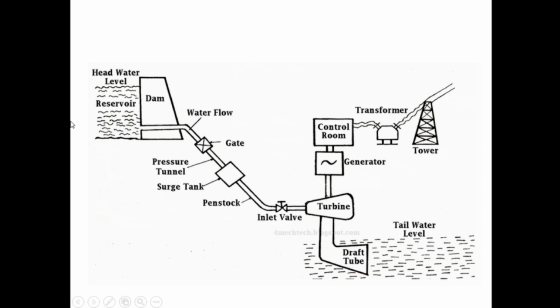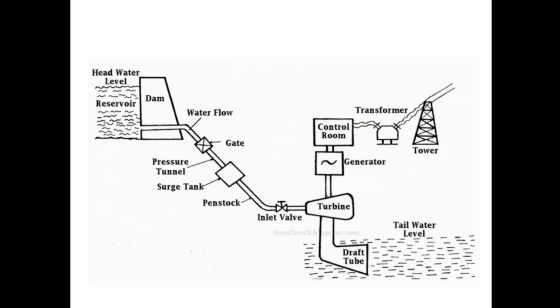line. When water flows from the reservoir towards the turbine through the gate, pressure tunnel, surge tank, penstock, inlet valve, and hits the turbine, the turbine spins.